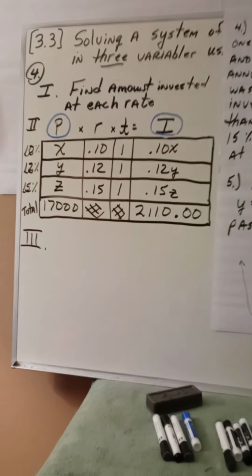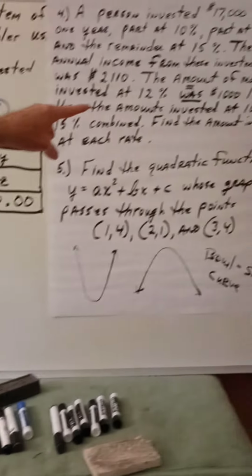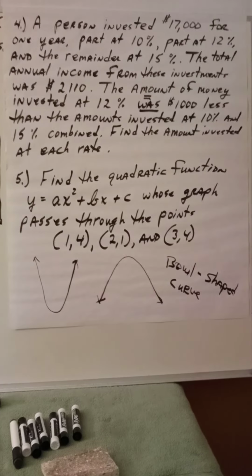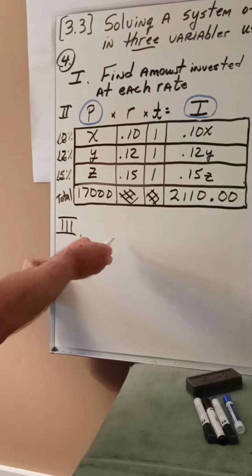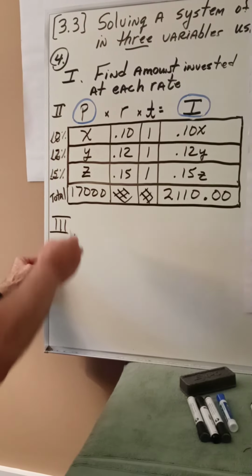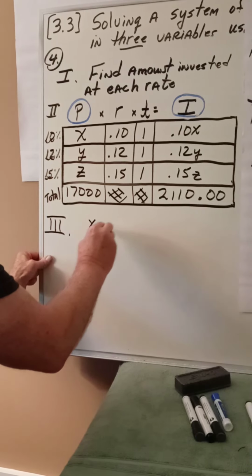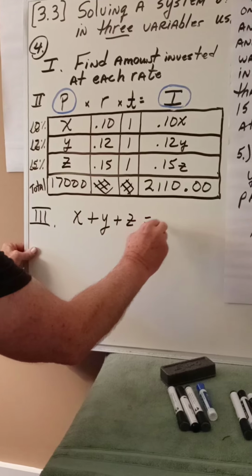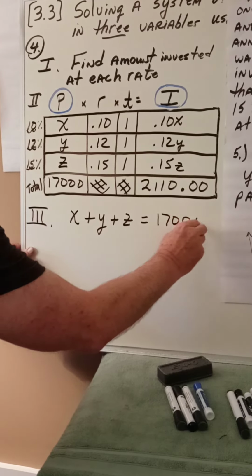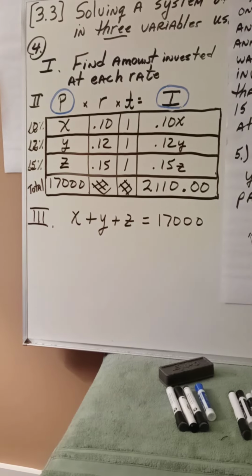Let's get those first two down, and then we'll get the third one, because we'll have to go back and reread it and put the package together. Equation number 1, column number 1: x plus y plus z is equal to 17,000.